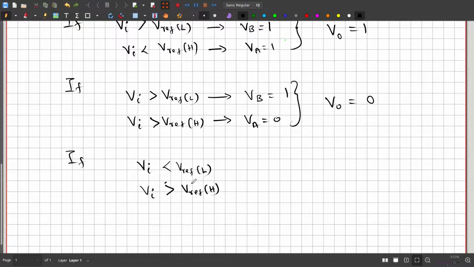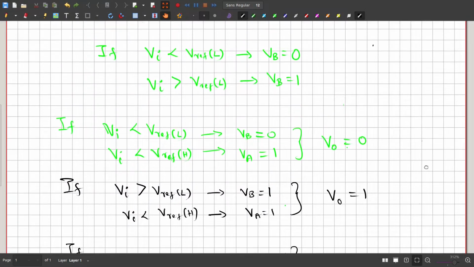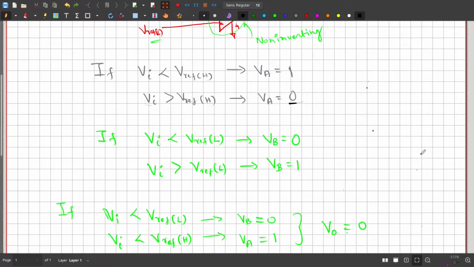Okay. So if we examine this, it is not a possibility, because if Vi is lower than the lower threshold, it can't be greater than the higher threshold. So this is not possible, even though we can analyze its output, because we have the reference table for all this.